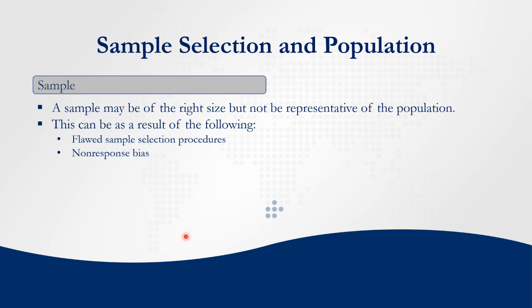And it means maybe you followed a procedure that is flawed, and sometimes the bias can come because the people who are not responding have similar attributes. So you are doing a study, maybe it's purposive.